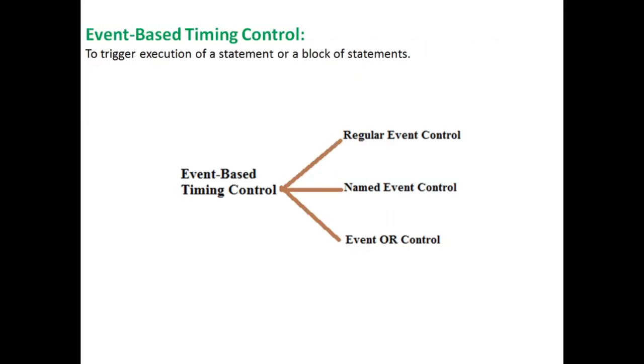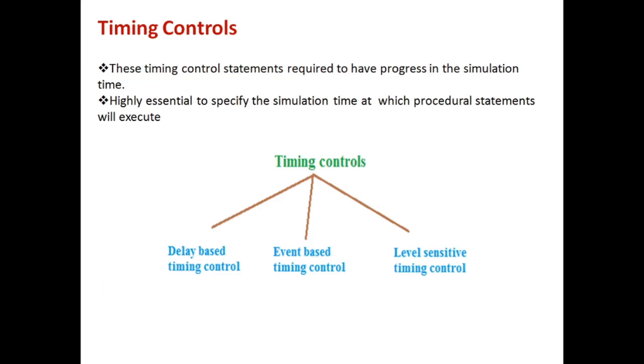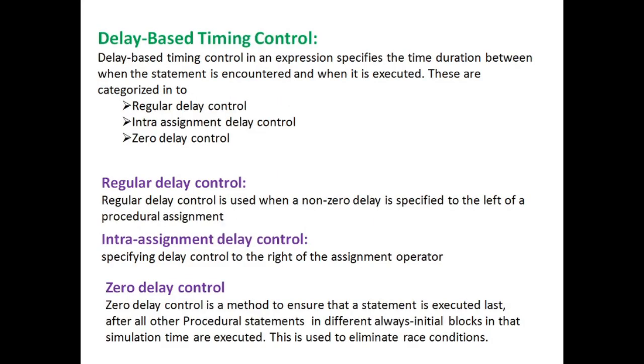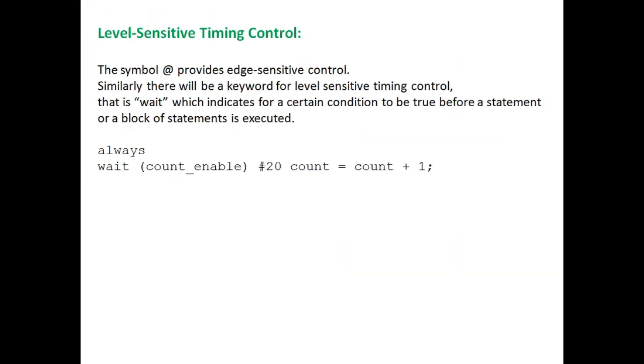So what is this level sensitive? As we completed delay based timing control and event based timing control, now the last one is level sensitive timing control. The @ symbol is normally used for a regular event, right?